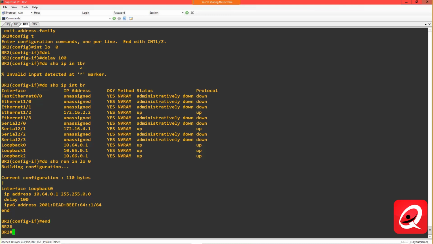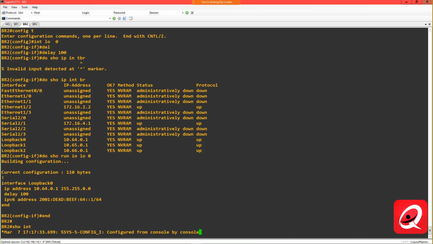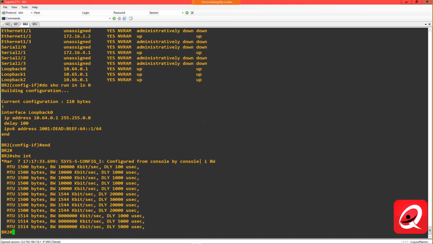Interesting. Show interface pipe include BW. So we do see the delay of 1,000 microseconds for that interface, which should have affected the summary metric on BR2.